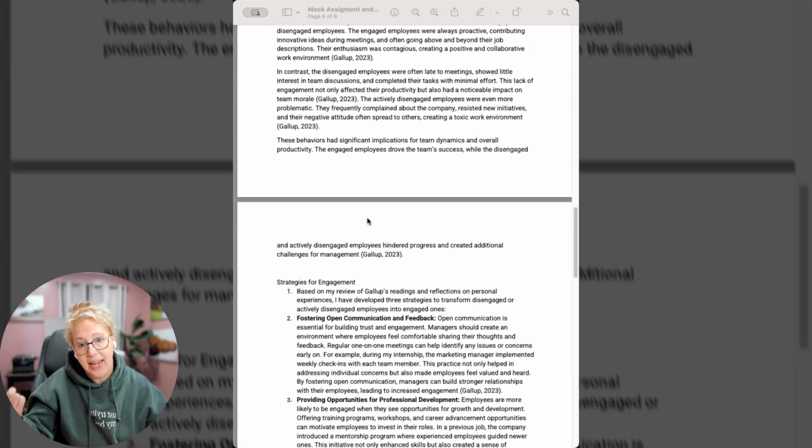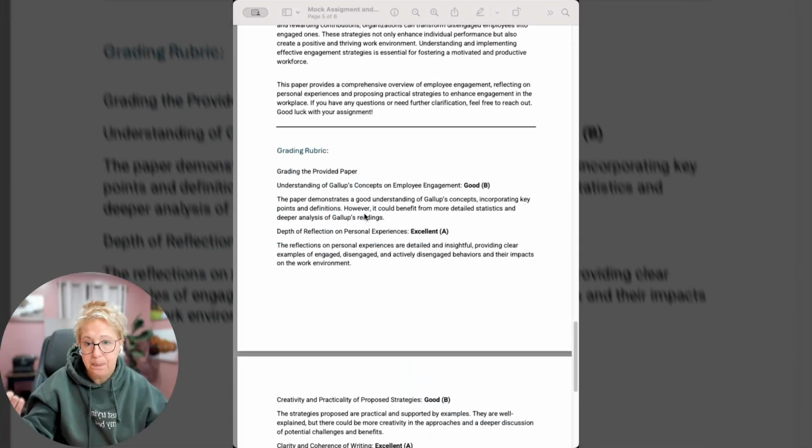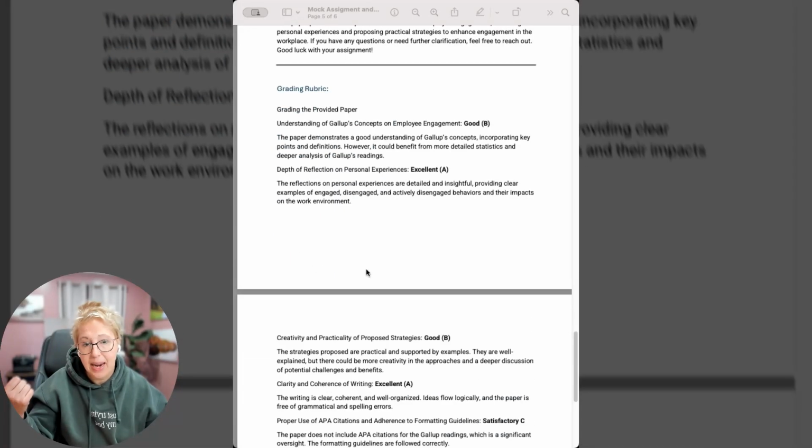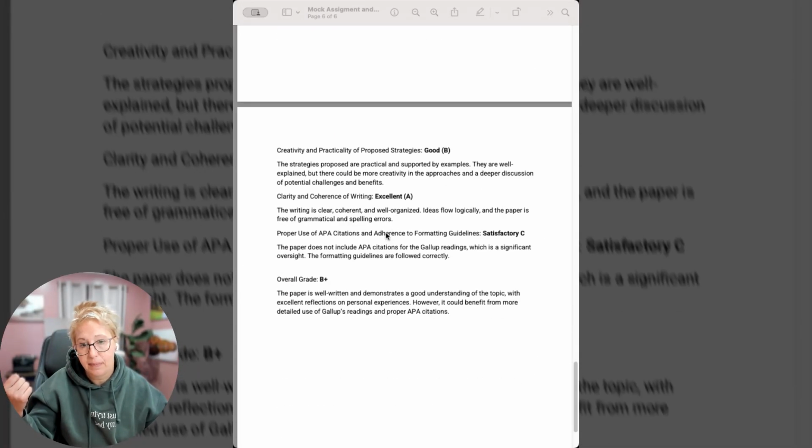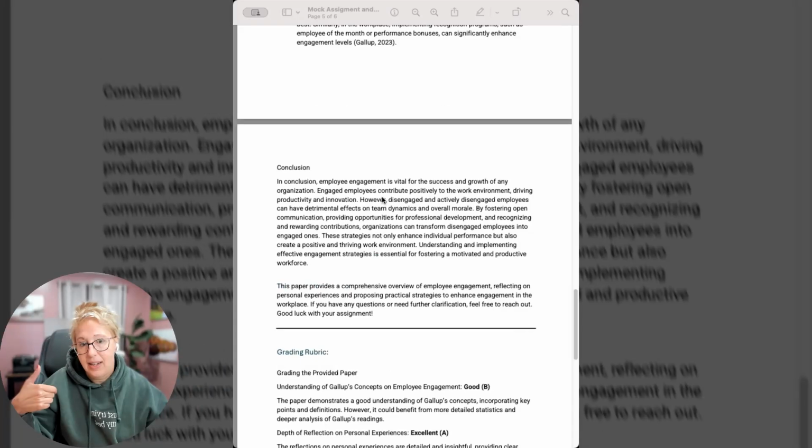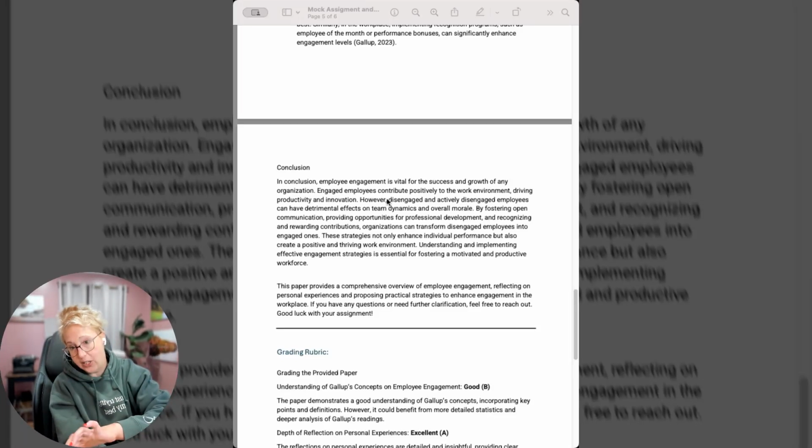I now go back in and re-edit my paper from this feedback that ChatGPT gave me. It's an extra step, but it also allows me to improve my grades and be that much more of an empowered and quality student.